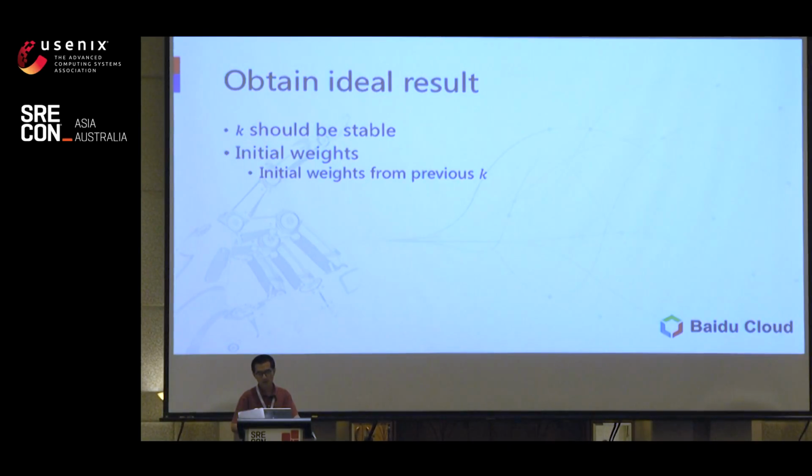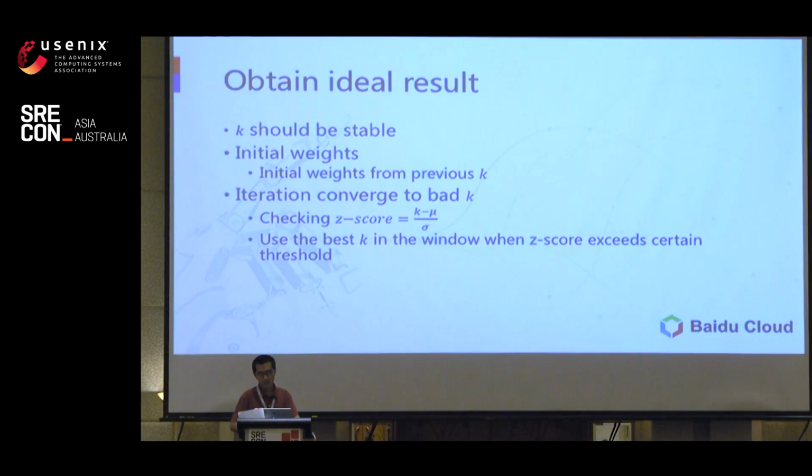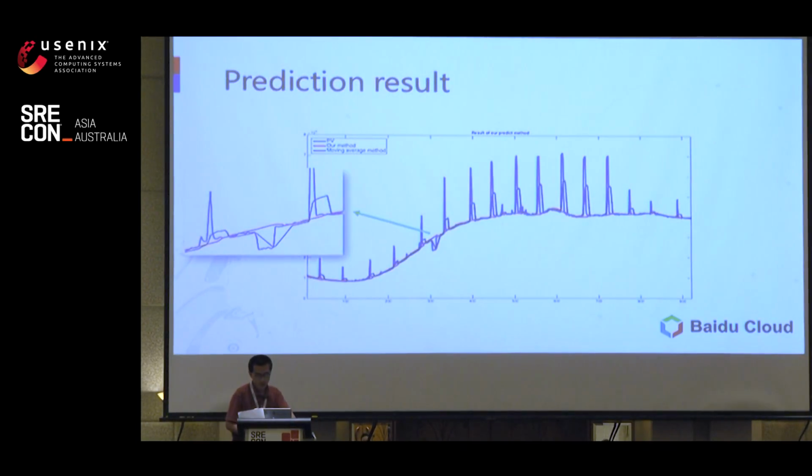But there are still a few cases where the iteration results in bad k and b. To deal with these corner cases, we compute the z-score of k based on its previous values. If the z-score is very large or small, the iteration result is dropped, and the best previous k is used instead. This is the prediction result of our robust linear regression.